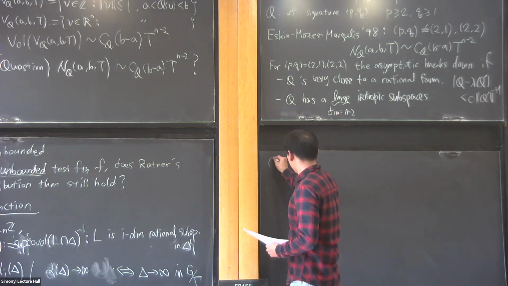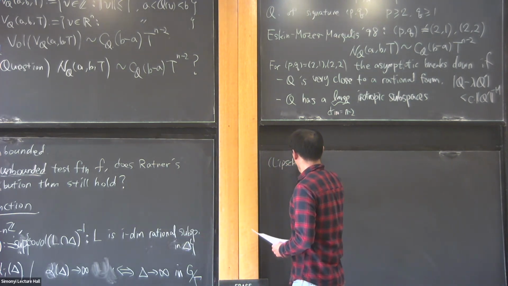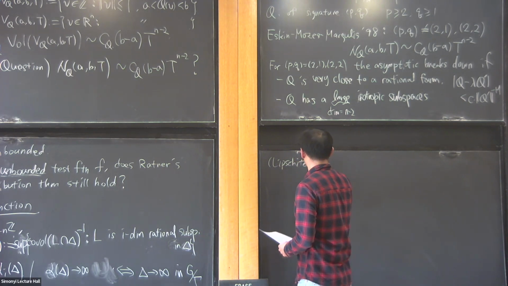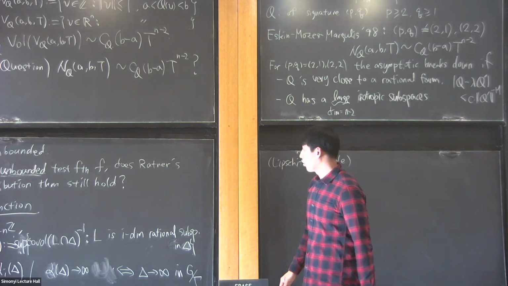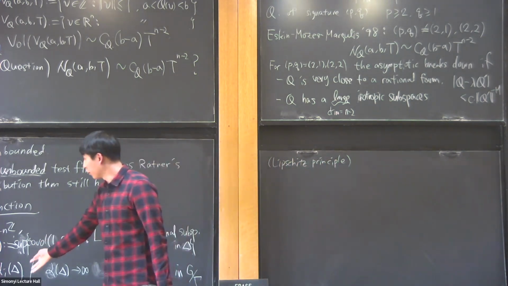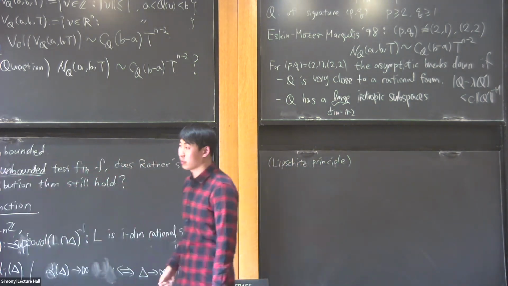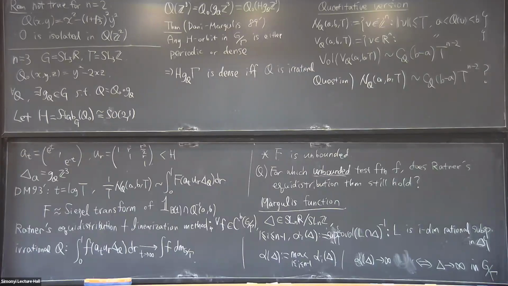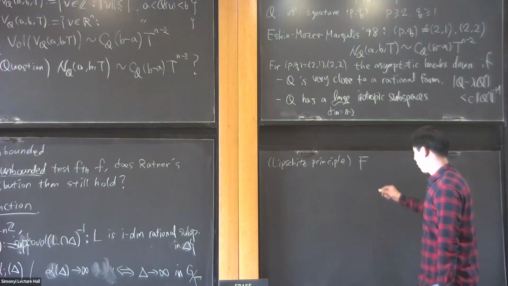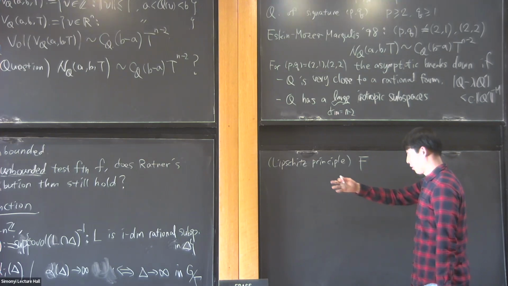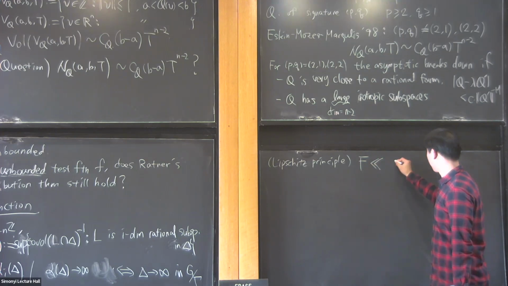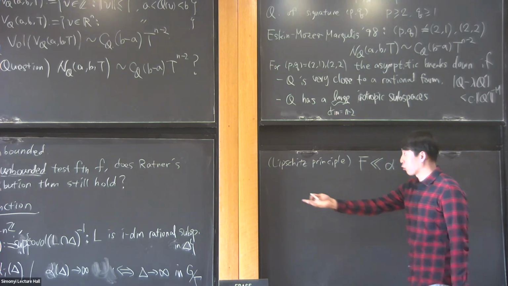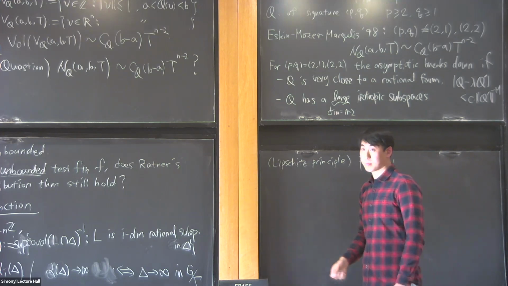Okay, here is a fact. It's called the Lipschitz principle. To connect the Margulis function and the test function I mentioned earlier, any Ziegler transform of a continuous function in Euclidean space is dominated by the Margulis function alpha.